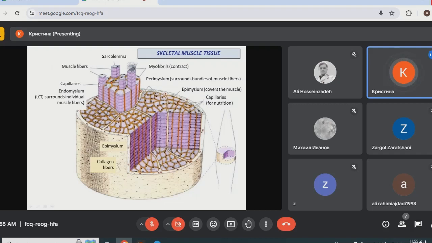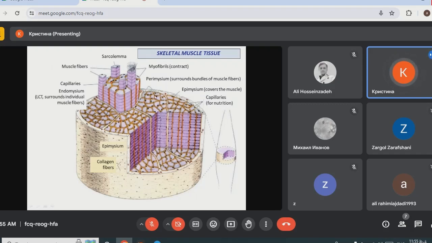Next, our muscle fibers are combined to make the bundle of muscle fibers. Here one bundle, here second, here third one. These bundles are separated from each other with a more thick layer of connective tissue, which is called perimysium. It surrounds bundles of muscle fibers.